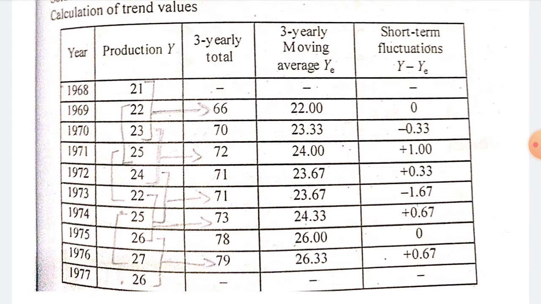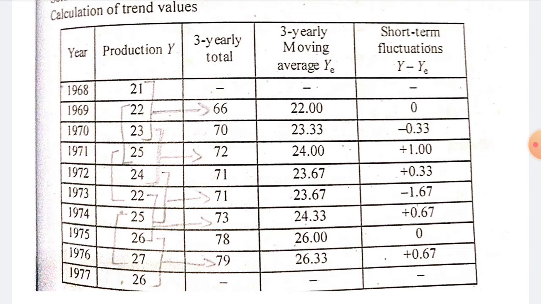The next is the short term fluctuations. In some problems, if the question asks for short term fluctuation you have to find this value, otherwise there is no need. Here the question involves short term fluctuation, so we have to find that also. For this we put another column, short term fluctuations, which is nothing but y minus ye.